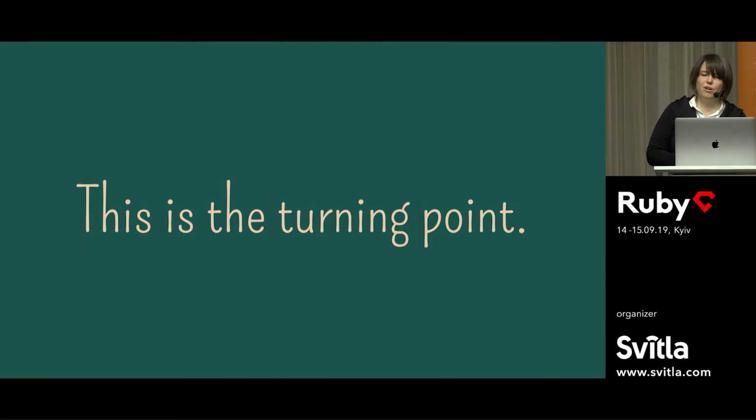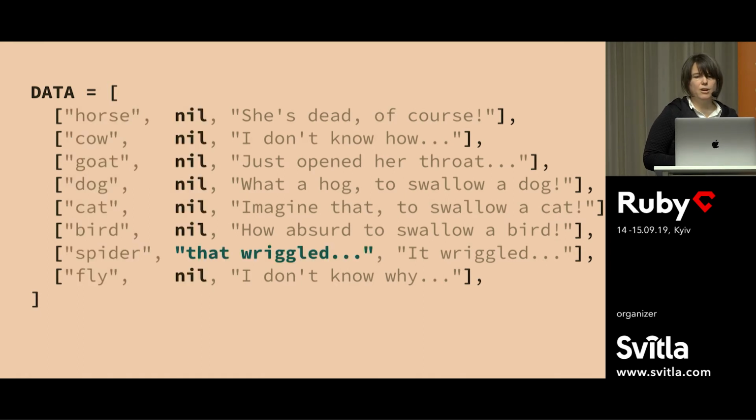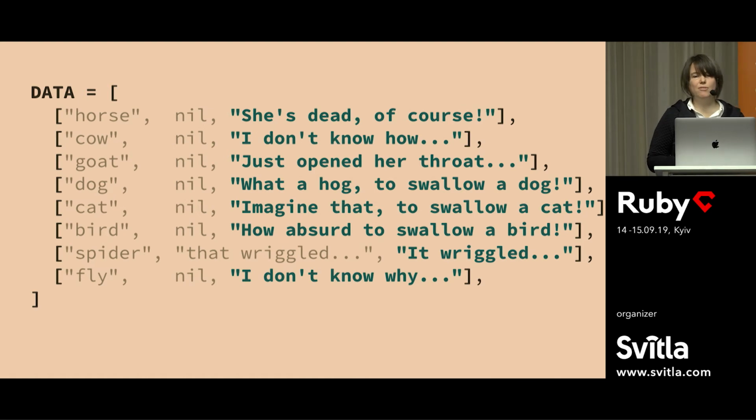So it turns out there are three things that a critter might have: the name of the animal, then there's the qualifier that we just identified, and finally there's a little bit of commentary from the narrator in the song, which is used in every verse for the animal that is the subject of that verse.